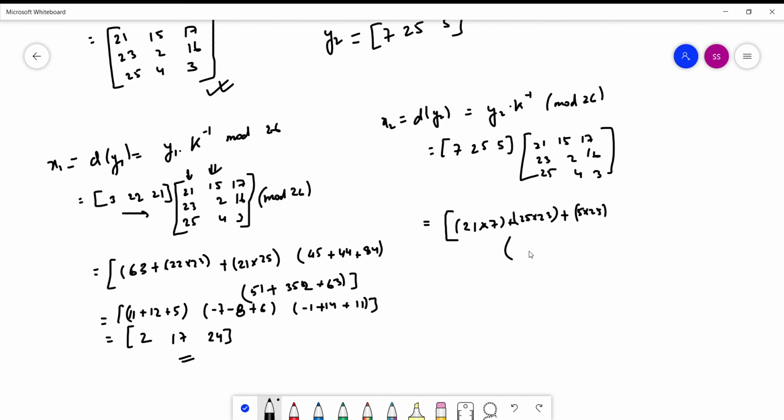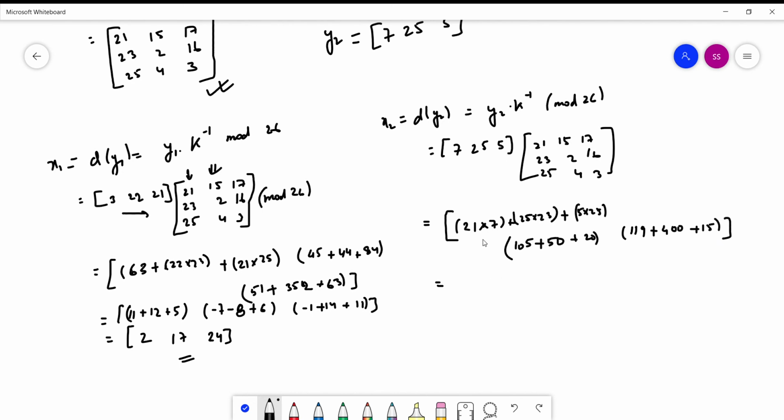I will write my second term down. 7 into 15 is 105 plus 25 into 2 is 50 plus 5 into 4 is 20. And my third term is 7 into 17 is 119, I guess, plus 25 into 16 is 400 plus 15.